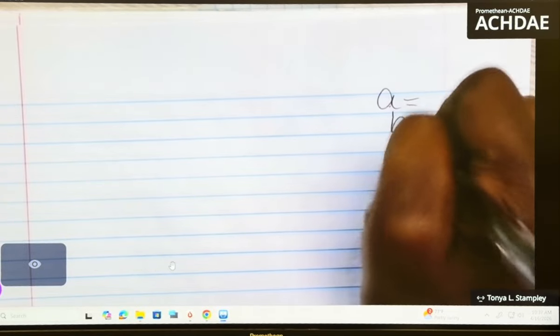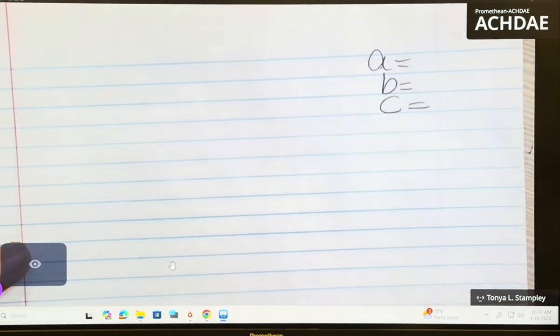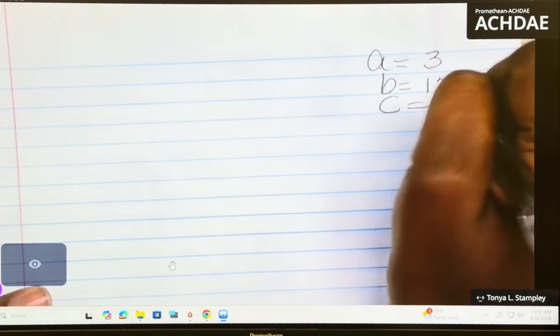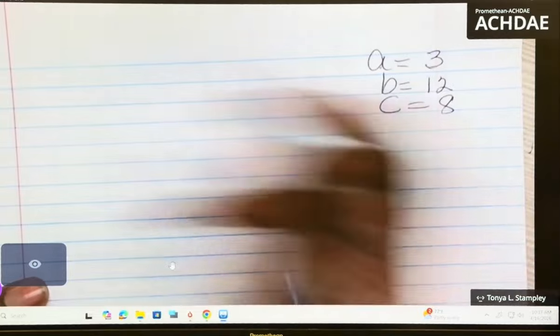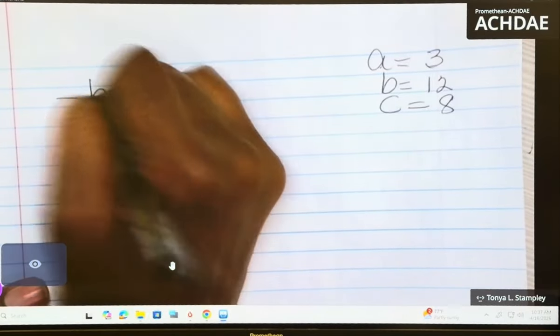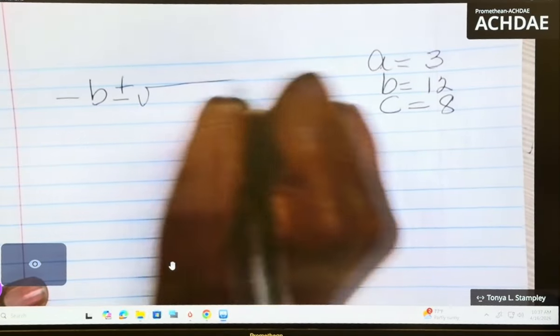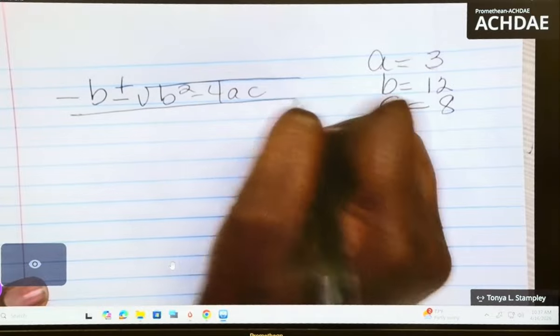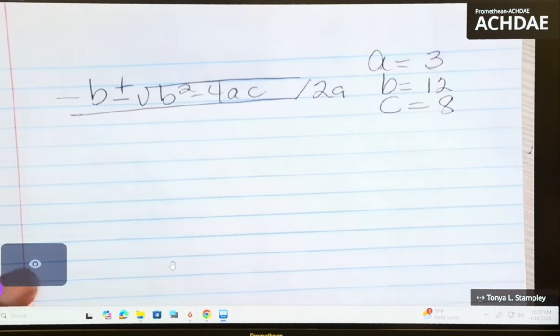We need an A, a B, and a C. What's our A? 3. Thank you, class. What's our B? 12. What's our C? 8. So we've got negative B plus or minus the square root of B squared minus 4AC, all over 2A.